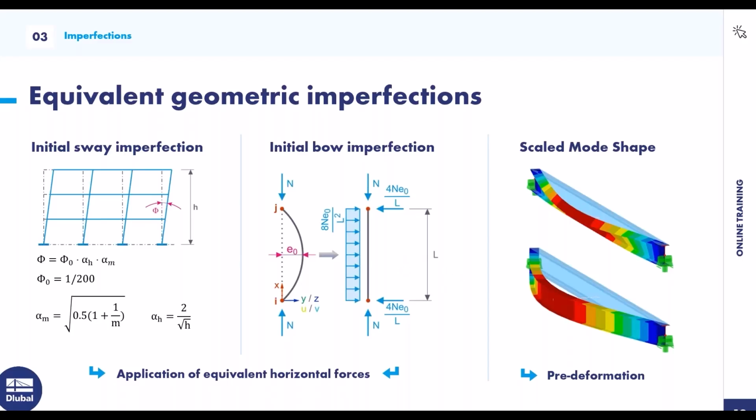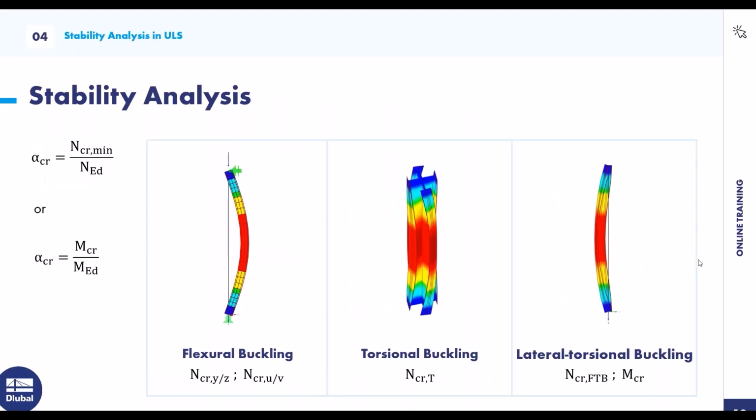These two are the possible variants of the equivalent geometric imperfections. Another alternative is pre-deformation, which can be calculated with the help of stability analysis. The respective governing eigenmode is scaled and applied as an imperfection. That's not so often used, but it's possible. What you often use is the initial sway imperfection or the initial bow imperfection, or both. You can see that in a later slide.